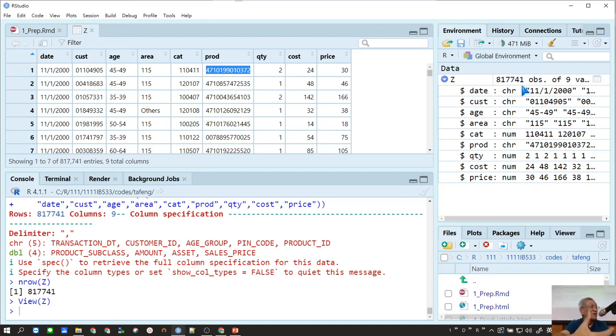So in the beginning, before we can do anything, we need to find out: we know that there are so many transaction items, so how many transactions do we have? How many customers do we have?